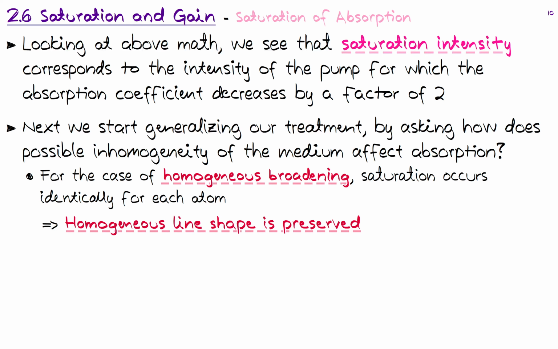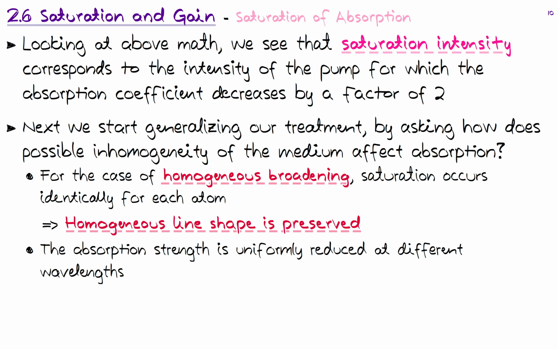What this means is that the homogeneous line shape is preserved when we have saturation effects, because all of the atoms behave the same way. Saturation just reduces the overall strength of absorption, but it doesn't change the line shape. So let me repeat, the absorption strength is uniformly reduced at different wavelengths. This is what's happening when we have homogeneous broadening.